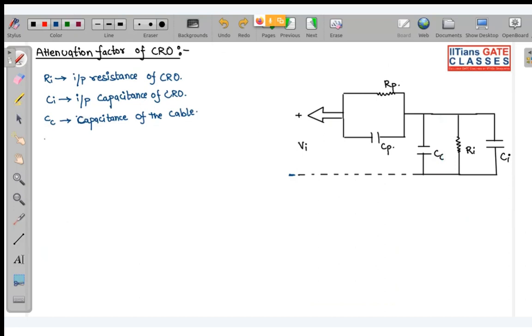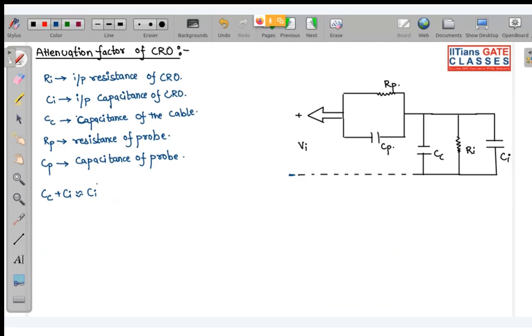Next, Rp is the resistance of probe, and Cp is the capacitance of probe. Now you can see one thing, I can assume that Cc plus Ci is approximately equal to Ci, because this capacitance is also not that much.